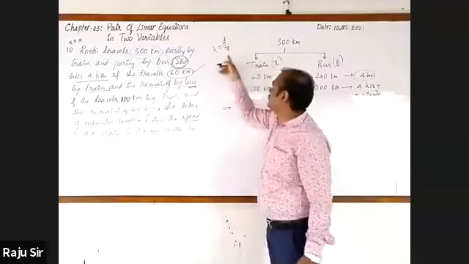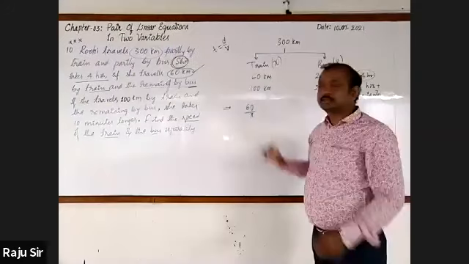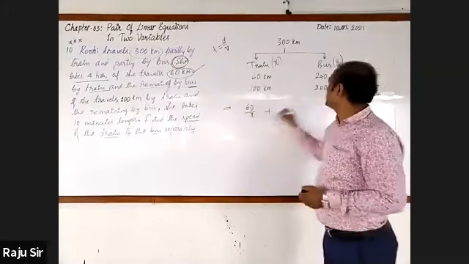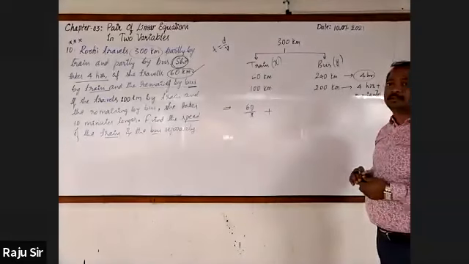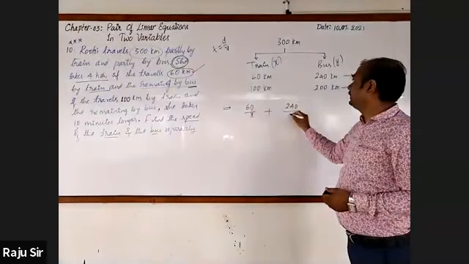It is distance by speed. Distance is 60, speed is x, 60 by x. Plus remaining by bus. Remaining means 240 kilometer, 240 by y, which is equal to 4.